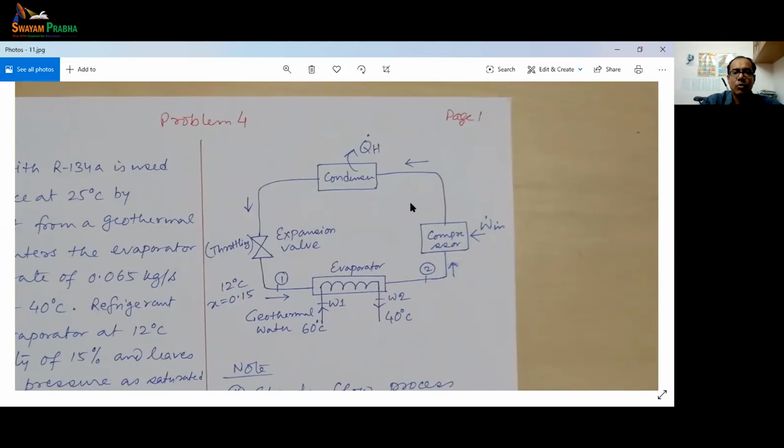Okay, and where do we input the work? Because the second law says that if you want to take heat out from a low temperature reservoir, which is the evaporator, and reject it to a high temperature reservoir, which is the condenser, you have to put some work in. You cannot just do it without work input. So work input is given in the compressor.